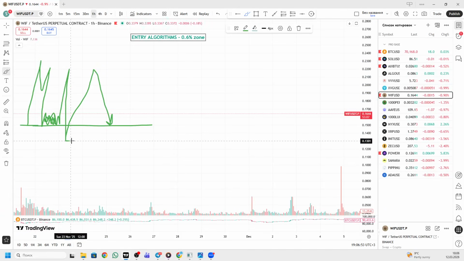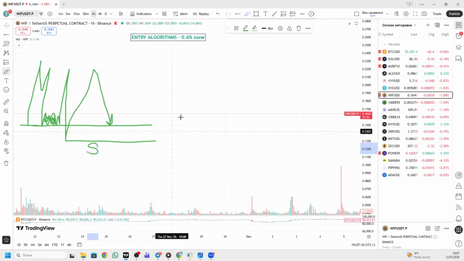We put a level here also, because we know that this is a zone. It's not a level, it's a zone. So we place our stop loss behind this wick, 1.6%. Stop loss 1.6%.